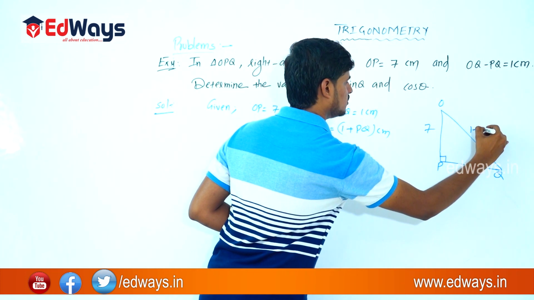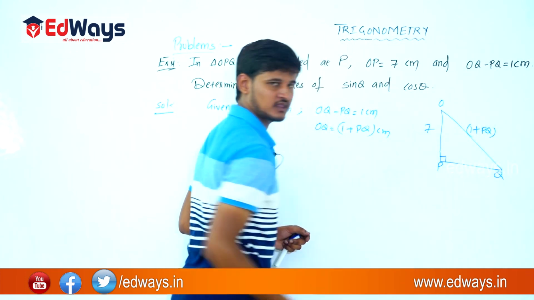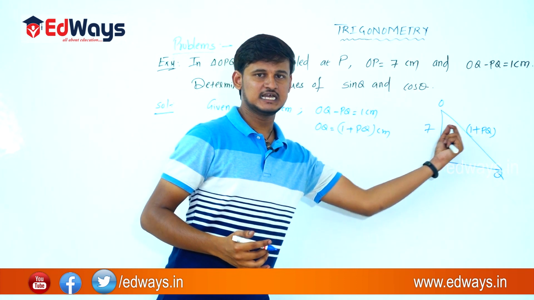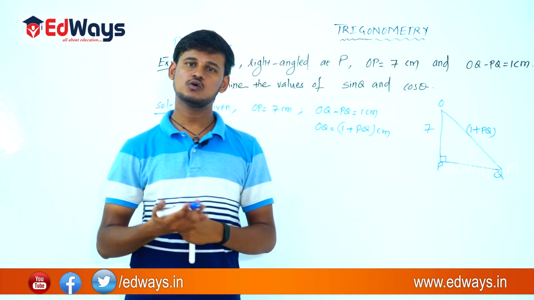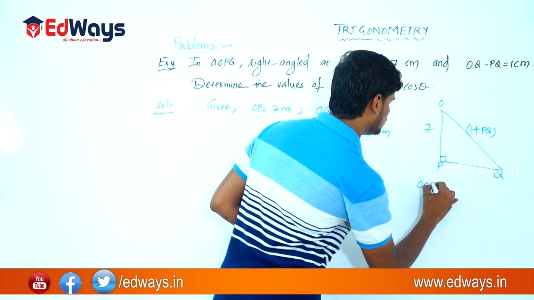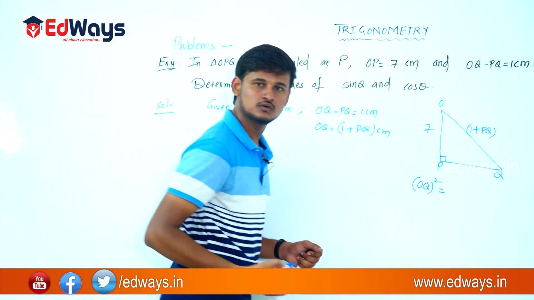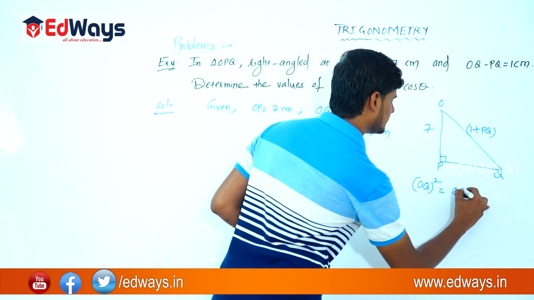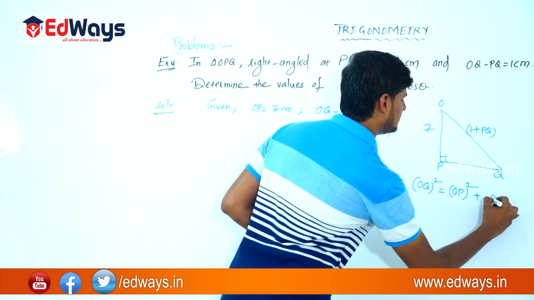Now I know two sides, I should find the third side. How can I find it? Using Pythagoras theorem, I can write OQ whole square is equal to OP whole square plus PQ whole square.